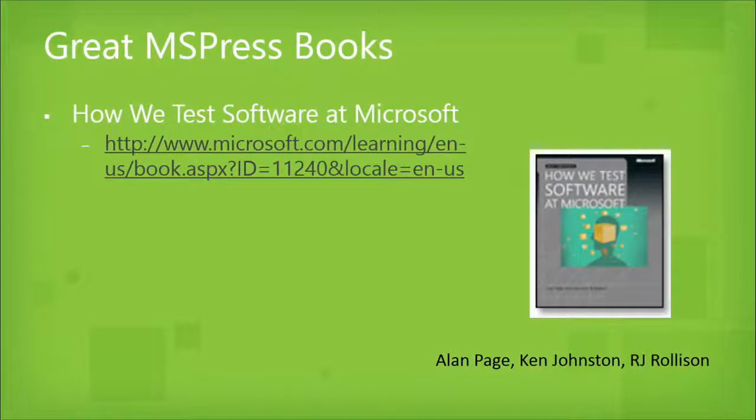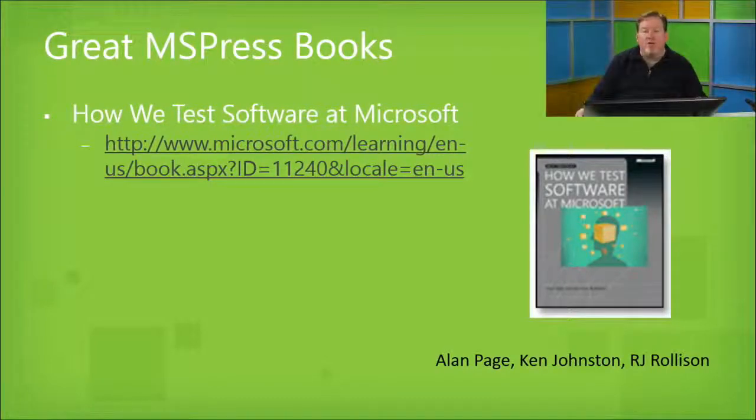Alan Page, Ken Johnson, and R.J. Rollison are the authors of this book. I know Alan and R.J. are basically testing architects here in Microsoft, so that's about as high as you can get in the food chain of testers, right? Yep. So highly recommend this book, and I think you'll see benefit in this.